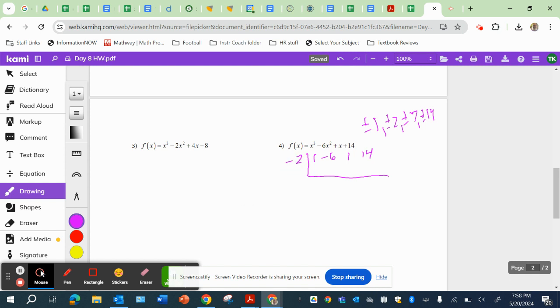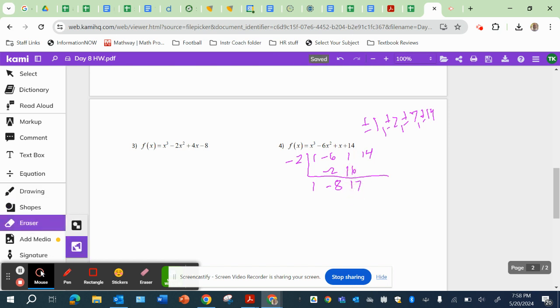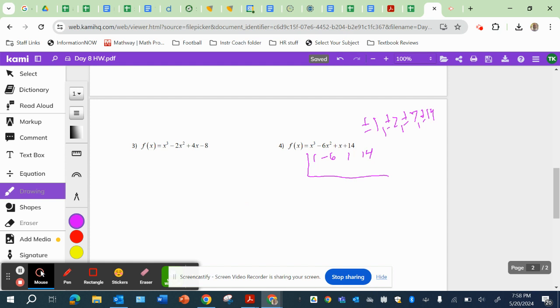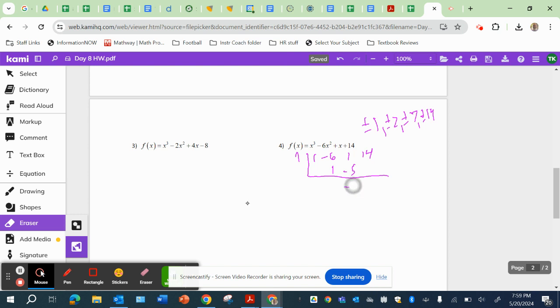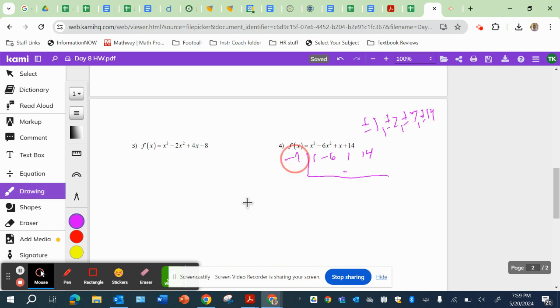So try negative 2. It's not going to work. Let's go back to the old tried and true 1. Doesn't work. Try negative 1. That's also not going to work.